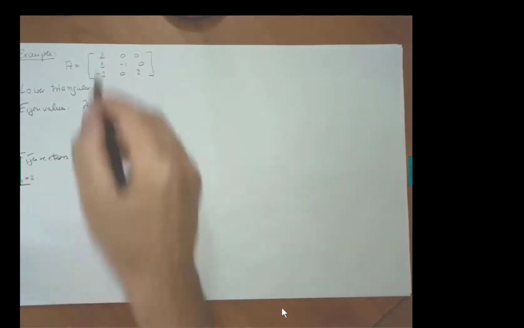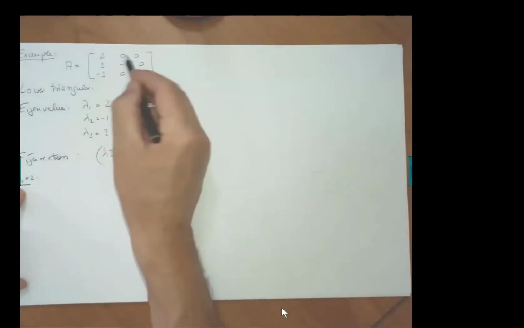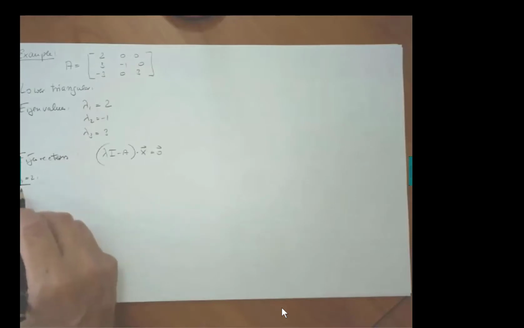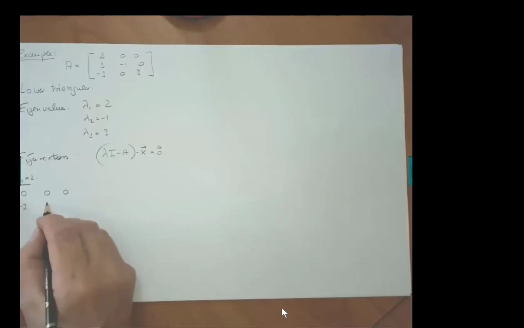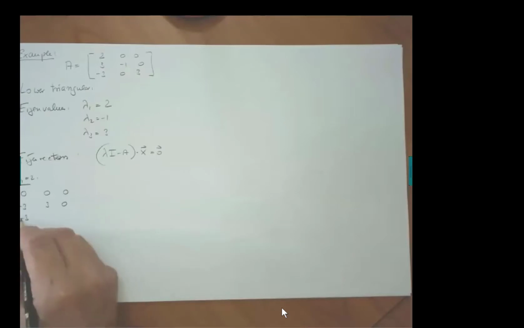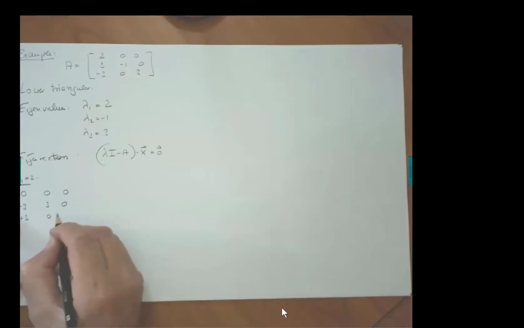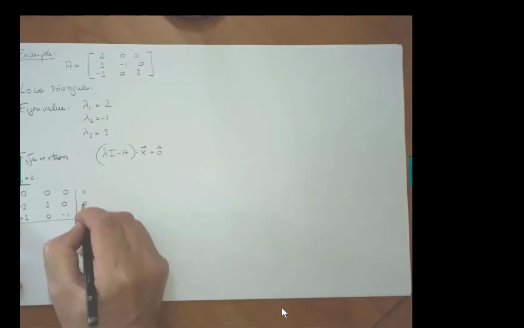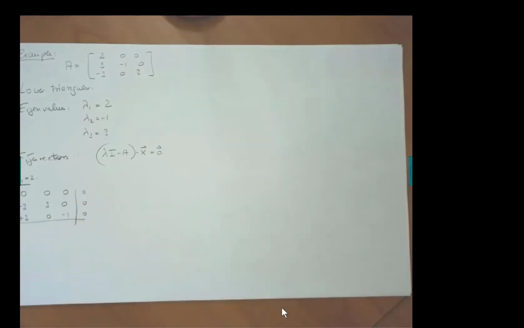So I do 2 along the diagonal and subtract the matrix. So I have 2 minus 2 is 0, 0, 0, minus 3, 3, 0, minus 3, plus 3, 0, 2 minus 3 is negative 1, 0, 0, 0. So that's what I get here.